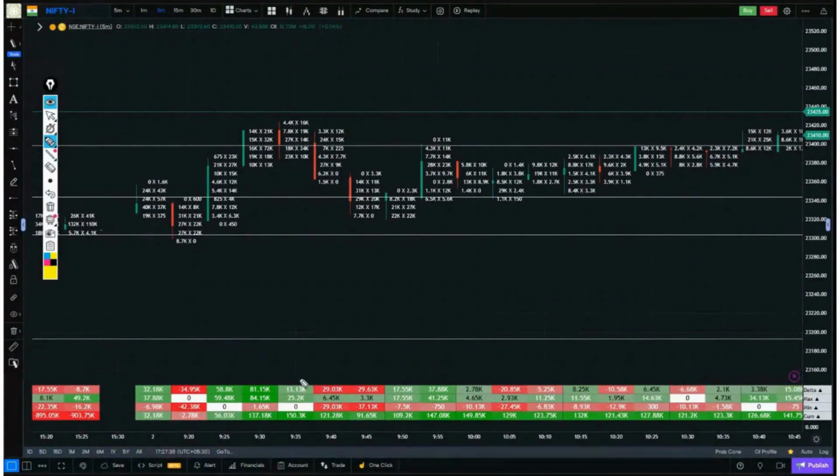There are some candles whose data is very low, just 13,000, 17,000, only 2,000. And there are some candles whose data is very heavy, 50,000, 81,000, and 34,000.